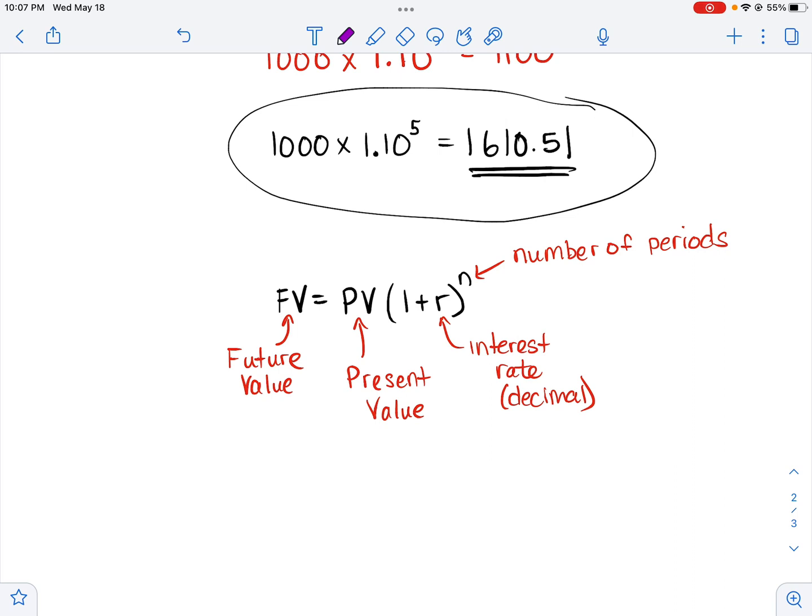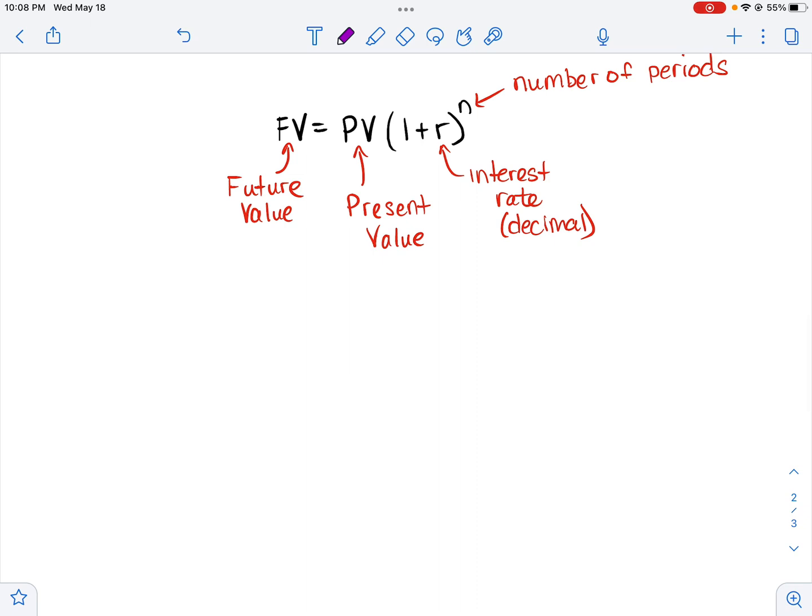So let's just say you had an investment. So let's say you wanted to invest $2,000. That's your initial investment. So we're calling that present value, or we could call it just the principal. And let's say our rate is going to be 6%. So we're going to earn 6% interest. So instead of writing 6%, we could just write 0.06.